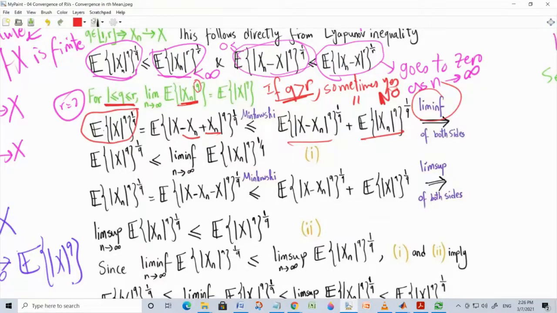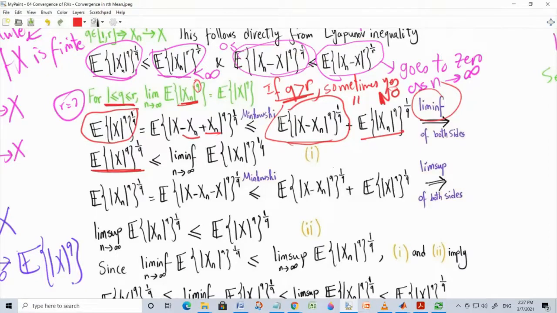So let's do it. This guy on the left is not a function of a small n, so its limit or limit infimum or limit supremum is just itself because it's just a constant. What about the right-hand side? In the right-hand side, we have two terms. There is this term here.